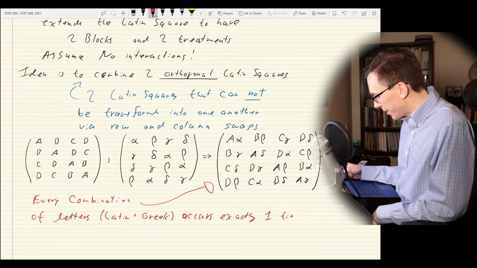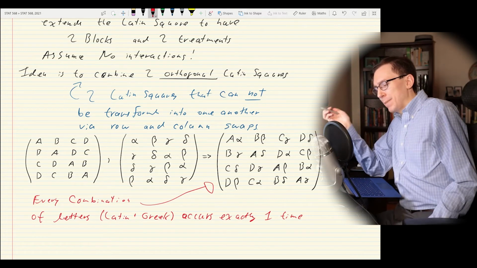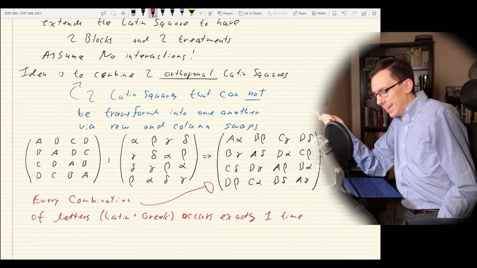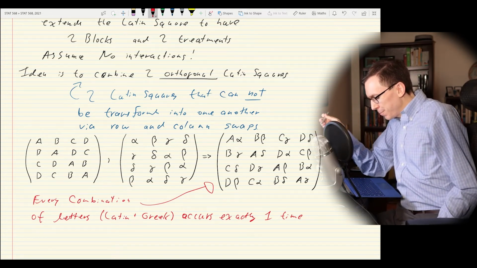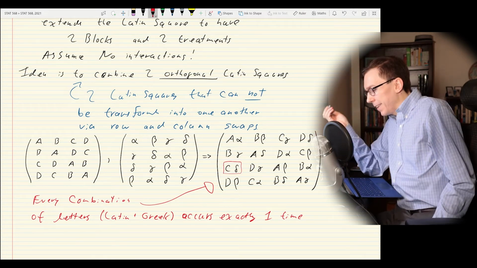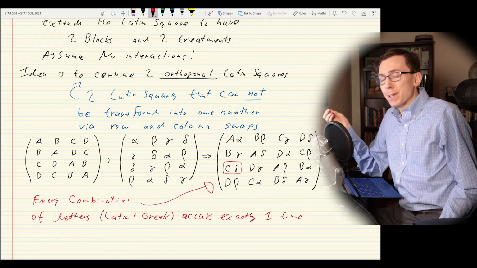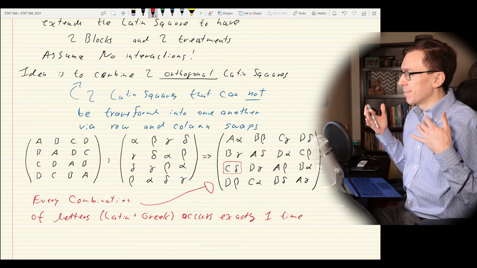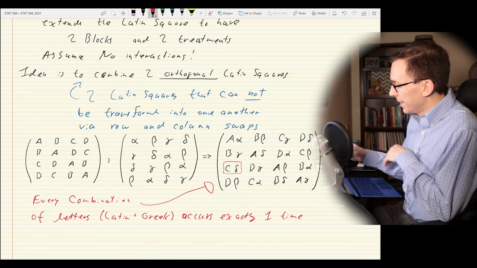So you can check that if you want, that if you pick any combination like C and delta, then there should be somewhere a single copy of C and delta in there. And similar to all of them, there should be no repeats. If there's a repeat, we did something wrong and we have to go back.